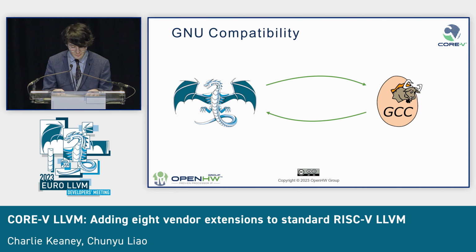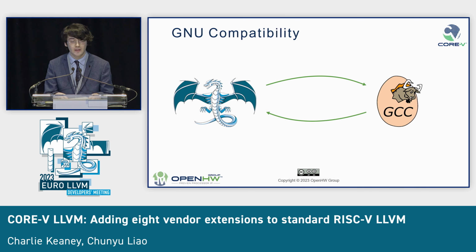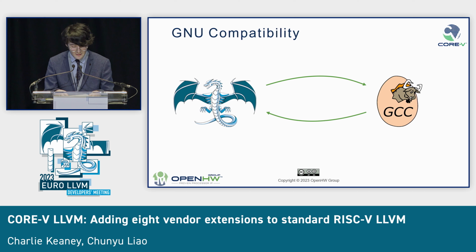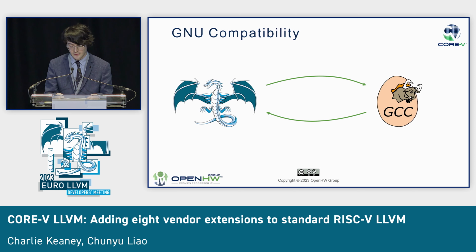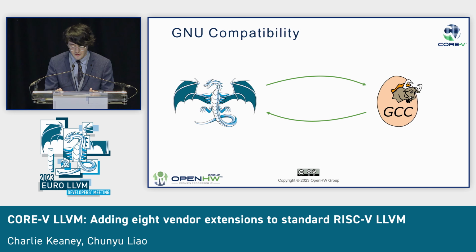Users assume that their compilers are interchangeable, so compatibility between Core 5 LLVM and GCC is important. This is not just a challenge, but an opportunity. When the compilers are compatible, they can use each other's test suites. This means GCC regression testing can find issues with LLVM, and LLVM testing can find issues with GCC.